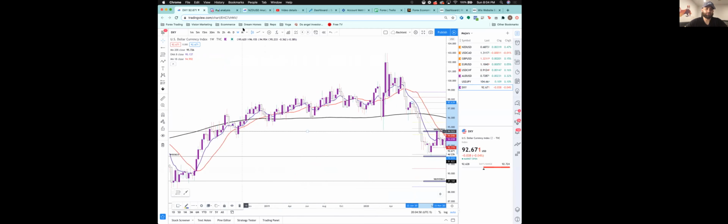If we look left at the level I placed on the monthly time frame, we'll come up to the monthly and switch to the line chart. Why did I place this level here? It's based on this touch right here and this touch right here. These are major points at which the market came to, found support, and then flew in the opposite direction. We found support here, and then here we found resistance.